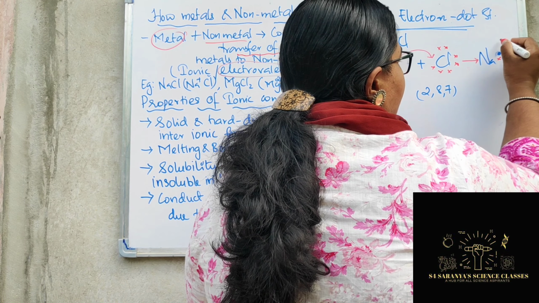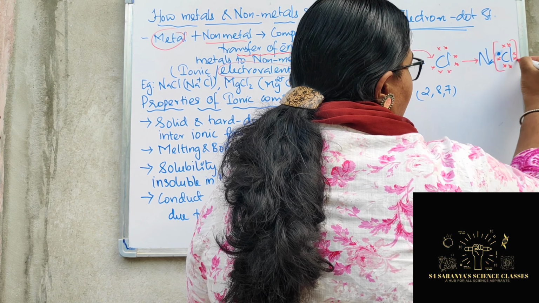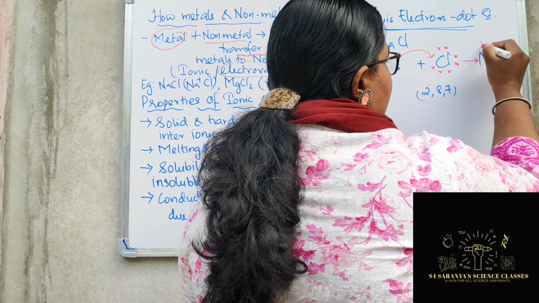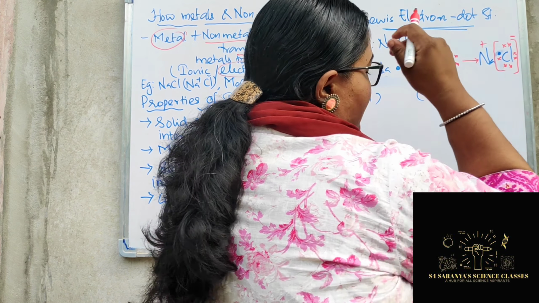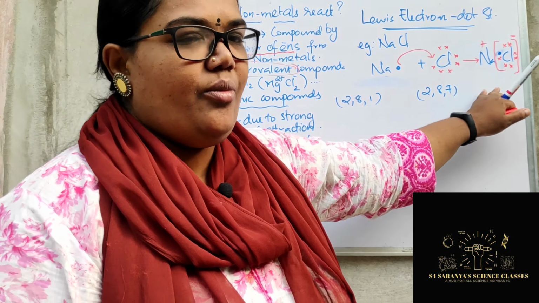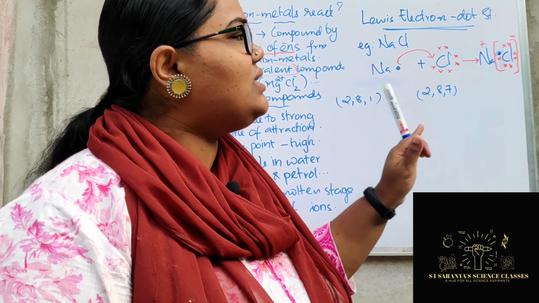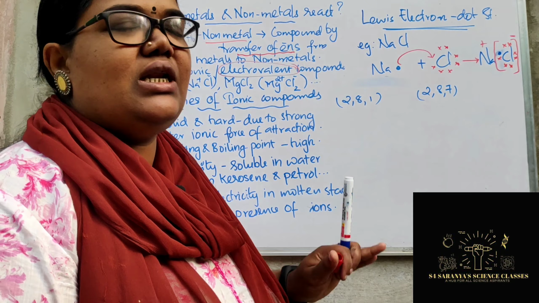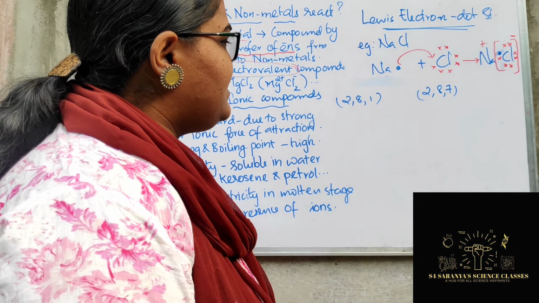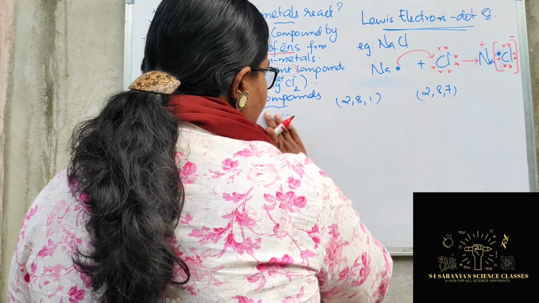So here you can see that I am representing like this. This will get a positive charge and this will get a negative charge. Now this is the NaCl compound. When these two are added, you will get this. So this structure is known as Lewis electron-dot structure. I will take another example, then it will be more clear.